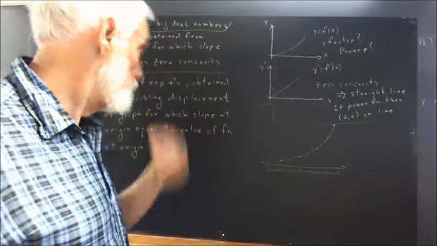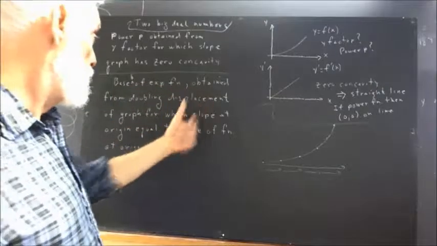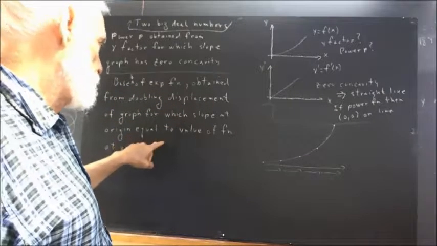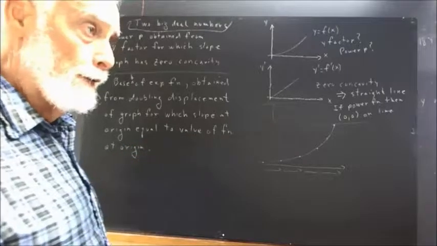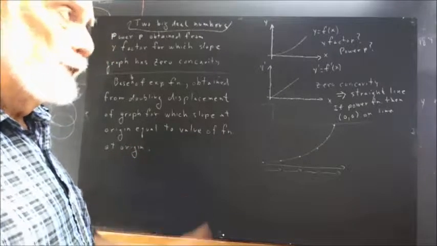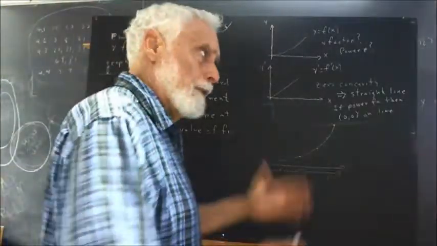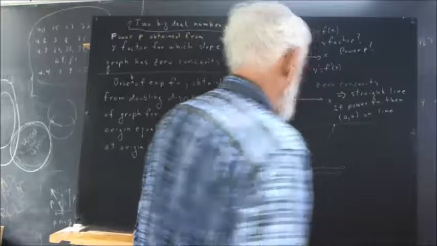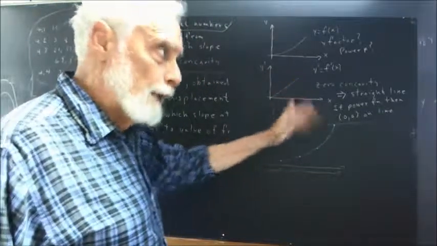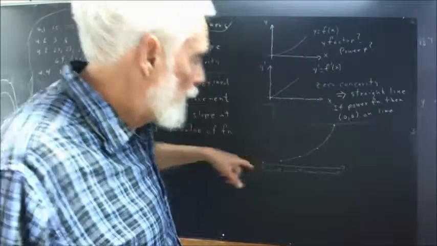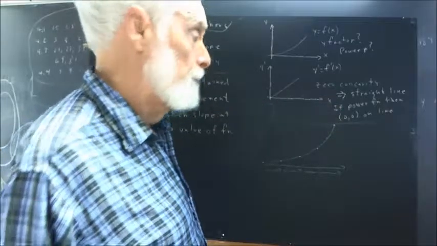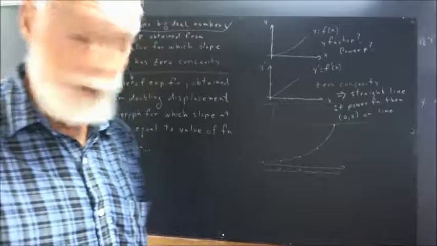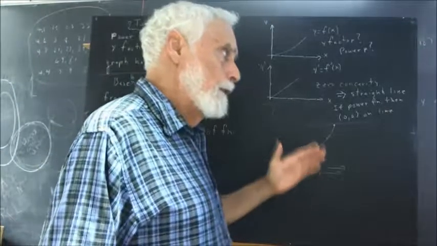Down here, we want to find a doubling displacement that makes the slope at the origin equal to the value of the function at the origin. I'm going to assume that we haven't approached it this way, but just for interest, that this graph has an equal x and y scale, and I haven't put a y-axis on it yet.